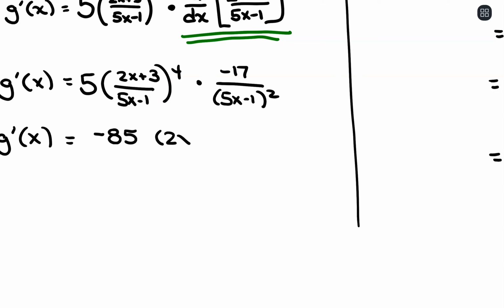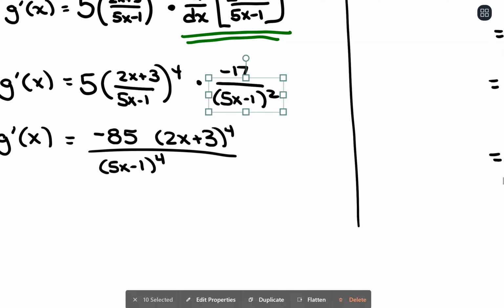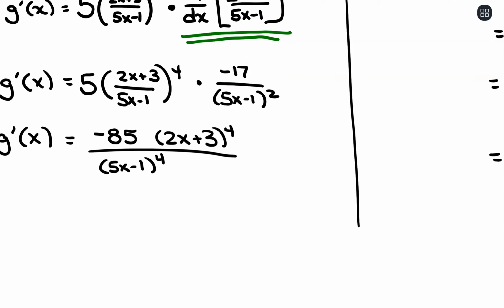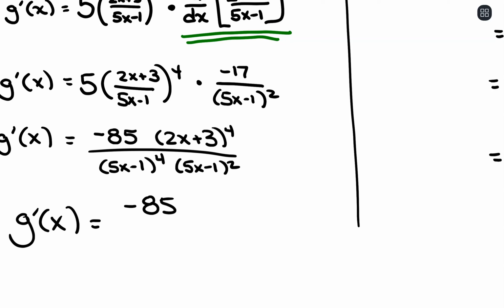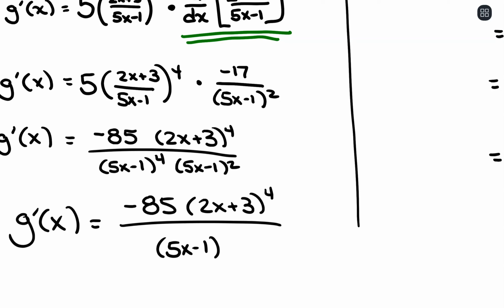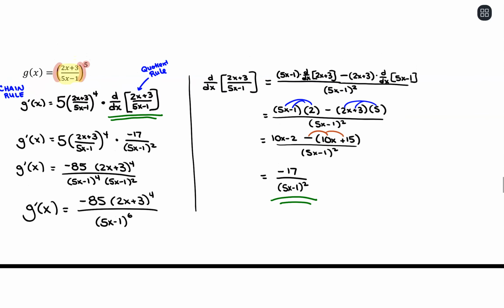So this is like a 2x plus 3 to the 4th power in the numerator over 5x minus 1 to the 4th power. And then what we're doing in the denominator is also multiplying on this 5x minus 1 squared. So in simplifying, negative 85 times 2x plus 3 to the 4th power in the numerator over, and we're going to combine those 5x minus 1 values, and we add those exponents together. So 4 plus 2 leaves us with 6, and that would be our derivative.